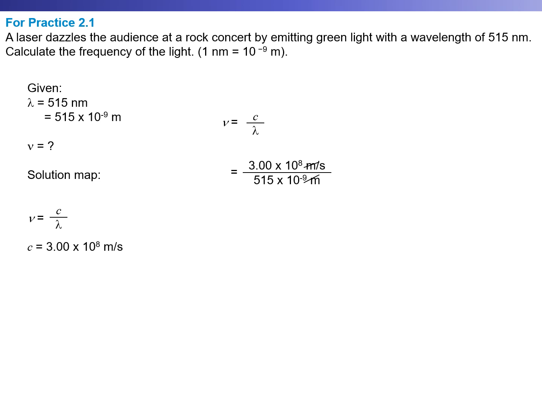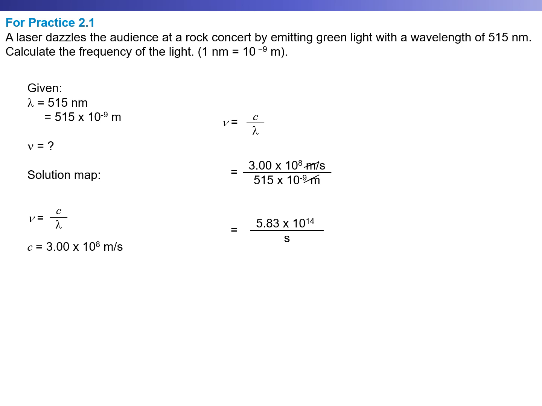So at this point, all we have to do is the math, which means we have to divide 3 times 10 to the 8th by 515 times 10 to the negative ninth. Once we do that, we end up getting a number that looks like this: 5.83 times 10 to the 14th over seconds. But we don't typically write the seconds like that.